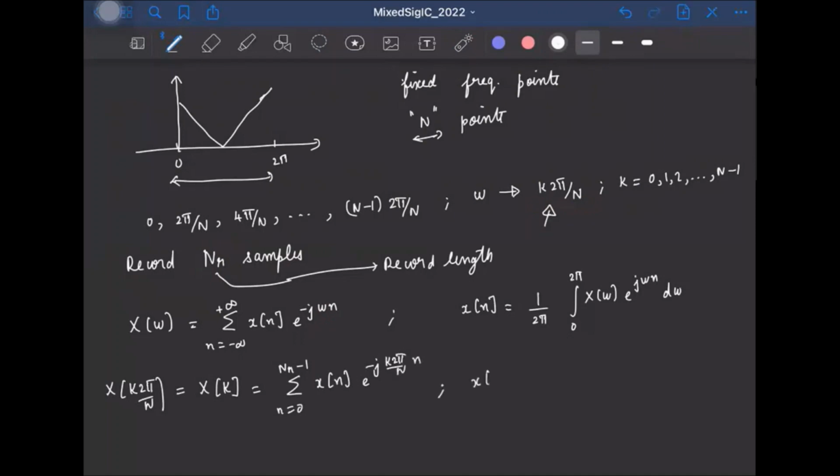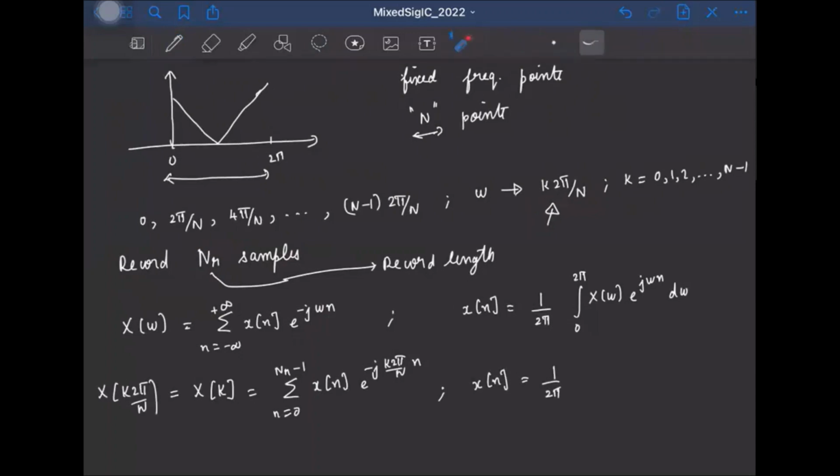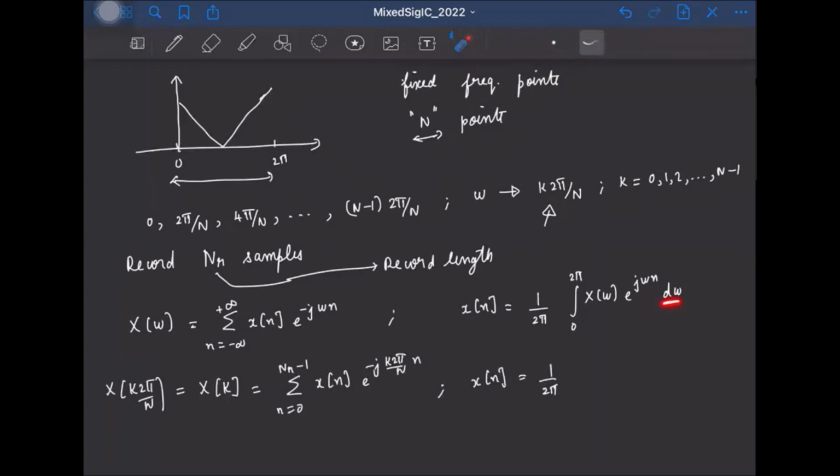Similarly, for the inverse transform, we have 1 by 2 pi. Now, instead of integration, we'll have a summation, because omega is no longer a continuous variable. And now, what is the thing that is varying? We have only k that is varying. So we'll vary k from 0 to n minus 1, X of k e power j 2 pi by n times k times n.